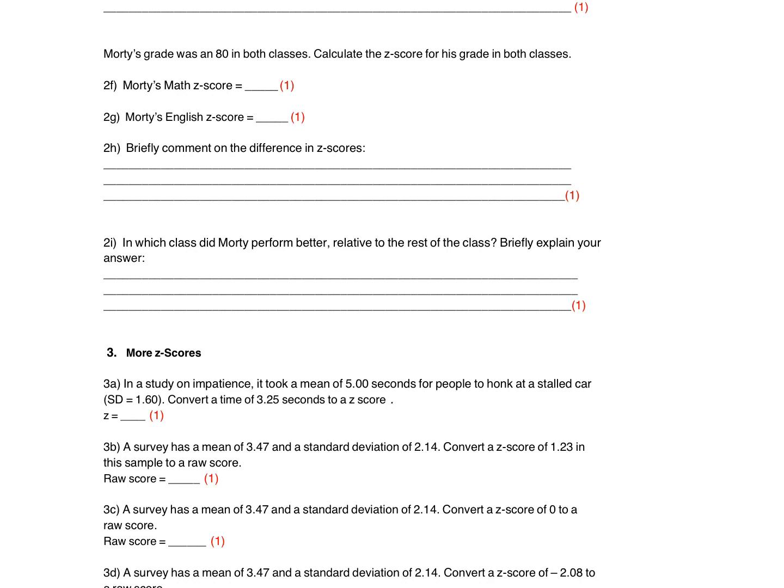If Morty has 80, then the way we get the Z-score is we're going to take Morty's grade, we're going to minus the mean grade, and we're going to divide by the standard deviation. So let's say that was 1.5 or something. I'm just making up these numbers because we didn't calculate them. So whatever Z-score you get when you do this math, so this would be 10 over 1.5, whatever that comes out to, that's what's going to go here.